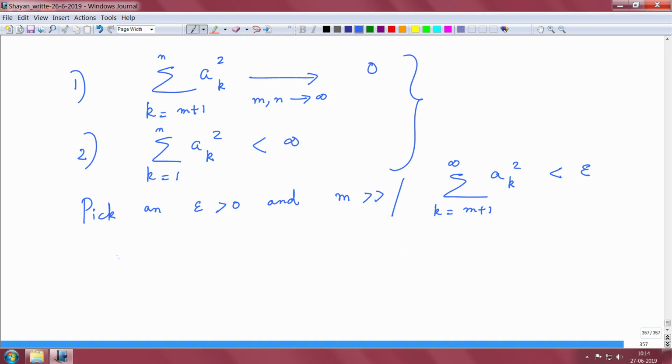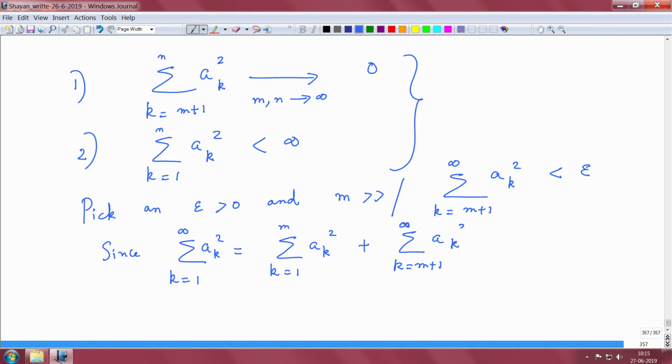Now the summation k equals 1 to infinity of ak square can be broken down into two sums, k equals 1 to m ak square plus summation k equals m plus 1 to infinity ak square.